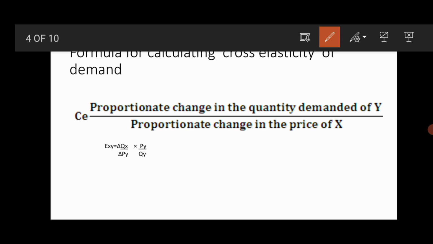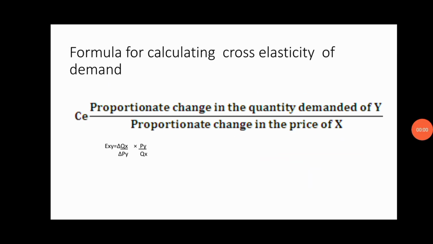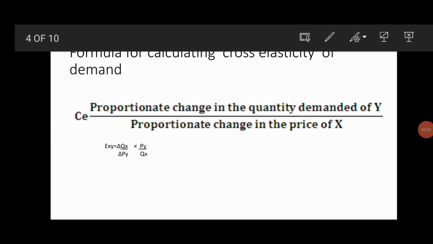Proportionate change in the quantity demanded of Y divided by proportionate change in the price of X. So if the price of X changes by this much percentage, what will be the change in the demand?